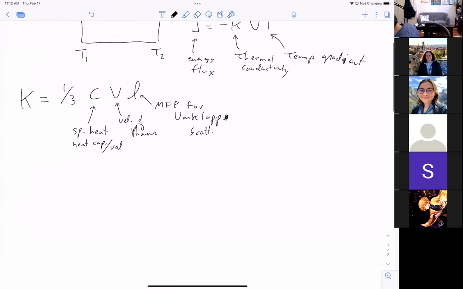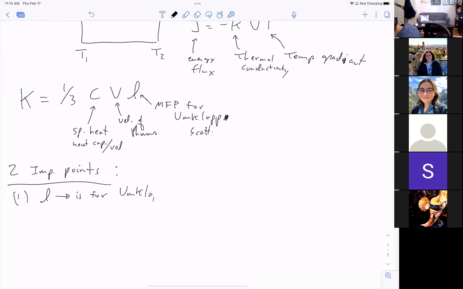So to understand this, there are two important points if you're going to implement this formula. First, you have to understand that that L, the mean free path, is for Umklapps. And these are the big phonons. I like to call them big phonons because they have big K, big wave vector.